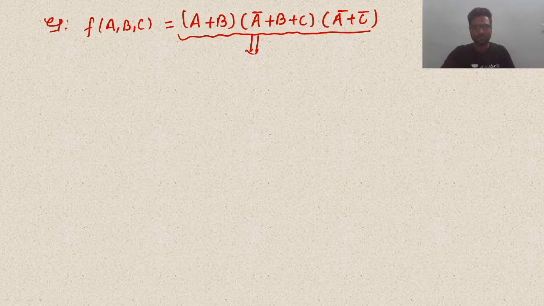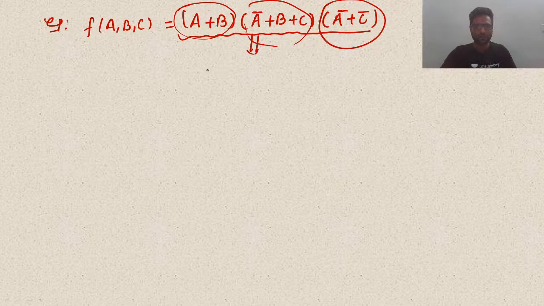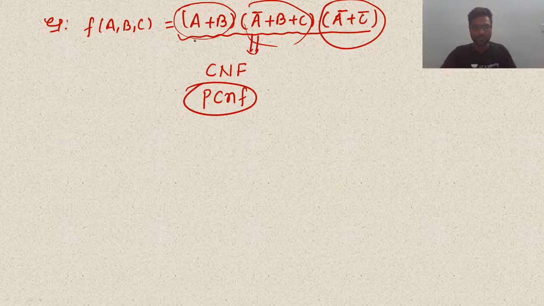That is a product of elementary sums, so we can say that it is in CNF. But we cannot say that this is in PCNF. Why? Because every term is not having all the variables. So this is not in the PCNF.